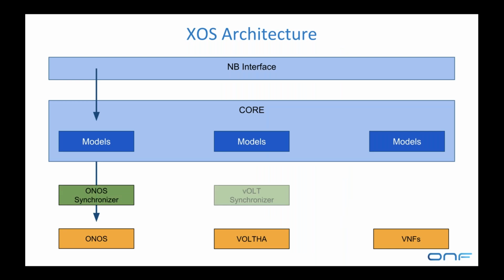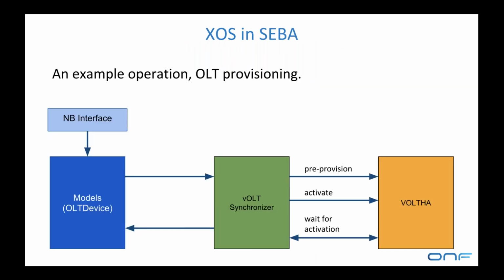So now let's take a more concrete example of what happens in SEBA when we create an OLT. We send the models. The core sends an event to the synchronizer. The synchronizer wakes up and says, okay, this is a new OLT. So in order to start it in Volta, I need to make a pre-provision call and then an activation call.